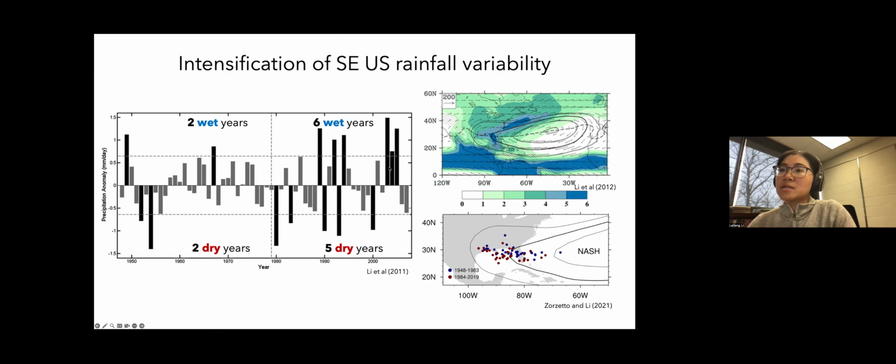One explanation is that the North Atlantic subtropical high has extended more westward. The North Atlantic subtropical high is a large-scale high-pressure system situated over the 30-degree north latitude of the North Atlantic Ocean. During summer months, the high can intensify and it brings moisture along its western edge into the southeastern US.